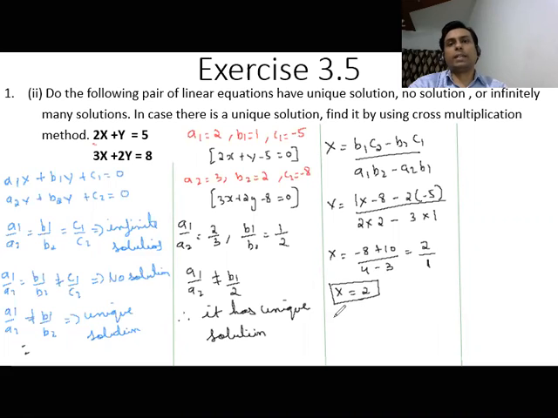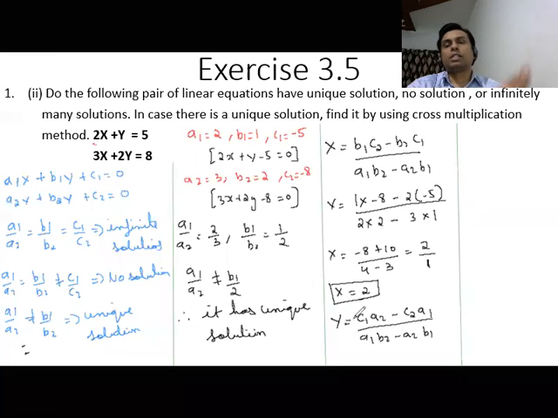Now we need to find y. To find y, what is the formula? c1 a2 minus c2 a1 divided by the denominator, which is the same, a1 b2 minus a2 b1. So very simple. For x, start with b1 c2 minus b2 c1. Here, start with c1 a2 minus c2 a1. It's just a cycle: a, b, c.